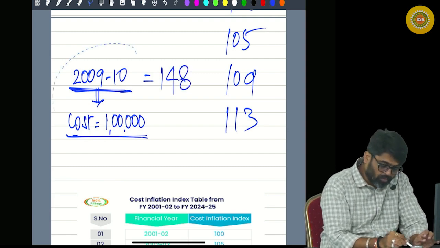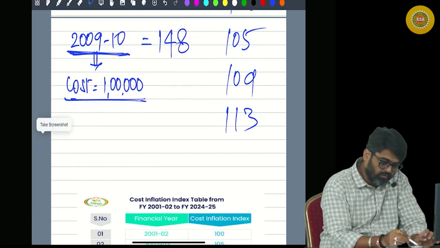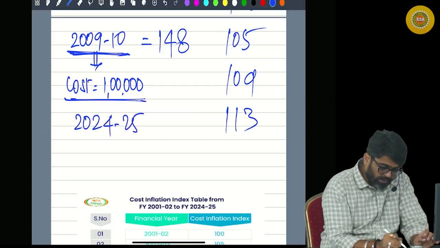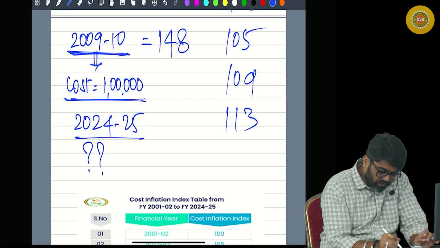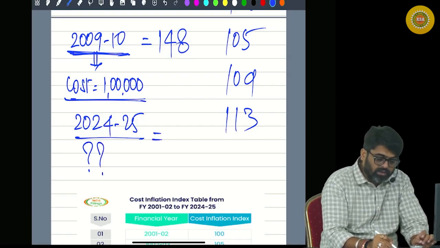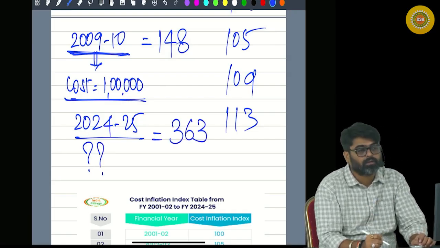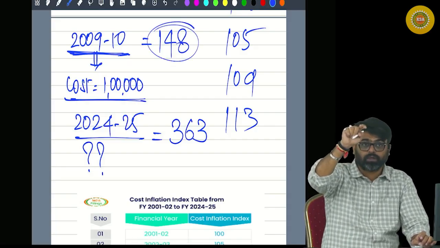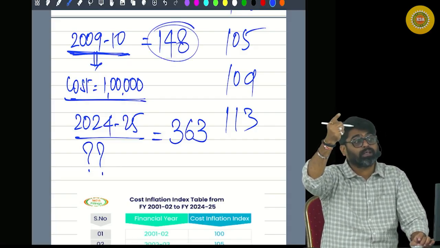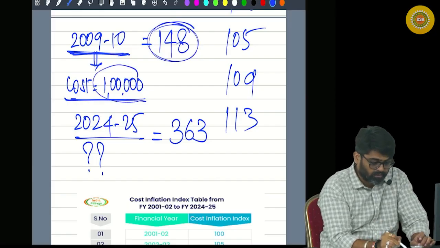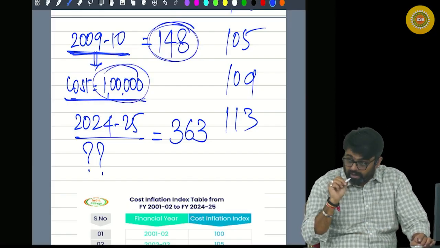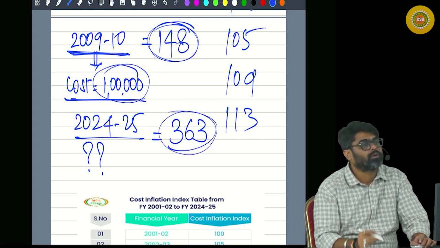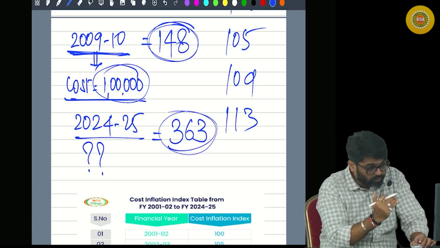Now if I want to bring this cost to current levels, meaning for 24-25, what should be the cost of acquisition? At 148 CII you incurred the cost, now at current level, what should be that same cost in today's terms?